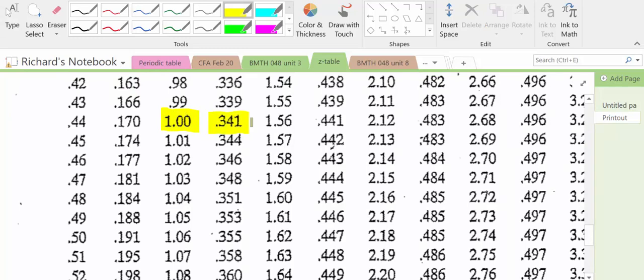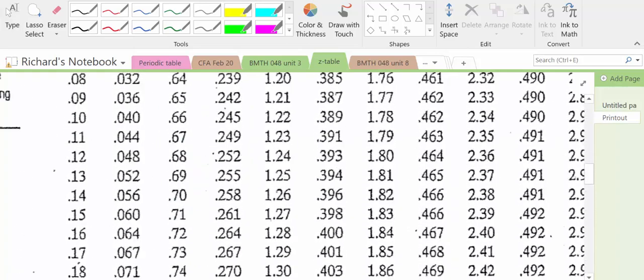So that means at 1 standard deviation above the mean, 34.1% of the data is between the mean and 1 standard deviation above the mean. Now, earlier in the video, it says approximately 68% between -1 and +1. So that's 68, half is 34. But this is precise. 34.1% of the information is located between the mean and 1 standard deviation above the mean.